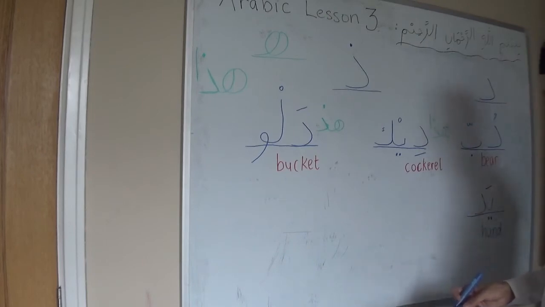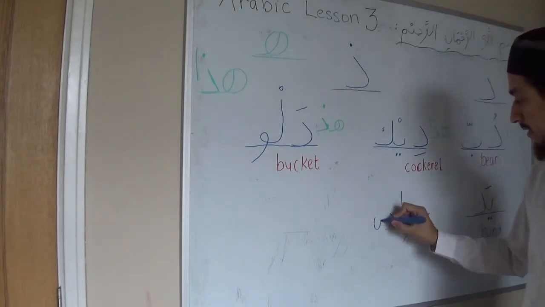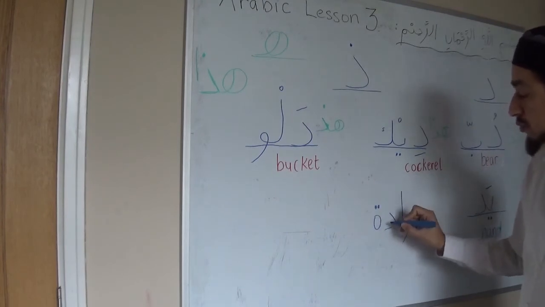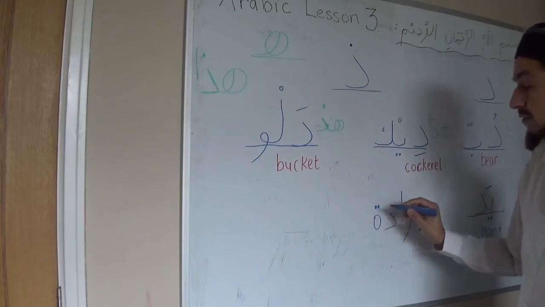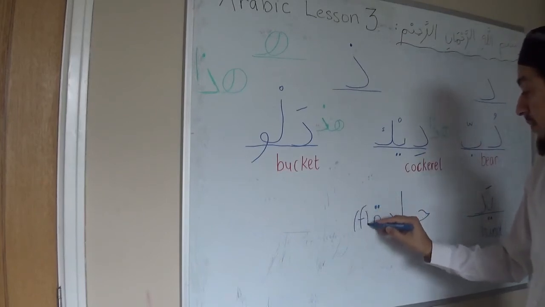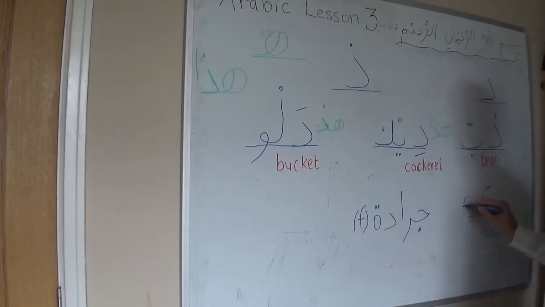We have jarada. That's the mudawwara, not marbuta. Okay, so this is a type of that. Now this is telling us this is a female word. Yad. Now yad is a female word as well.